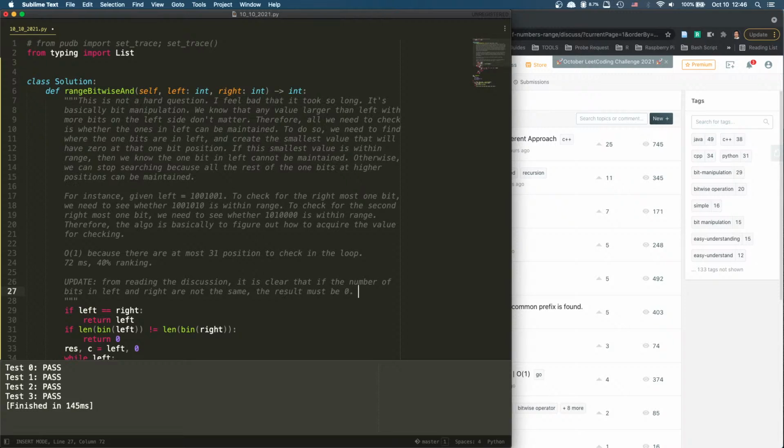Yeah, I should have realized this. So the updated version adds this extra check, which can reduce quite a few computations. That's what I think.